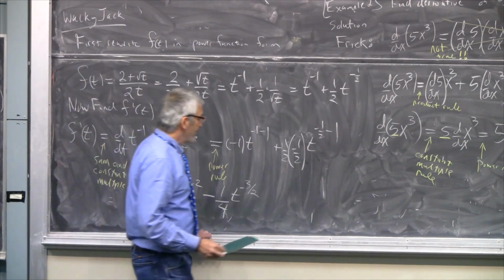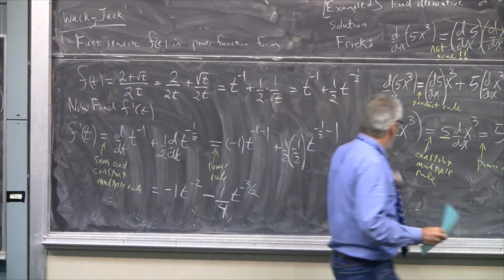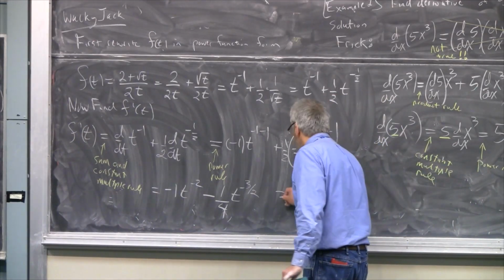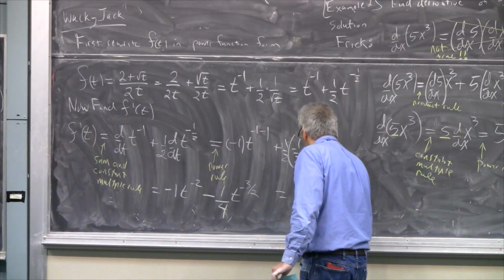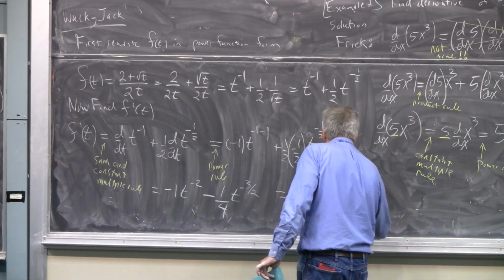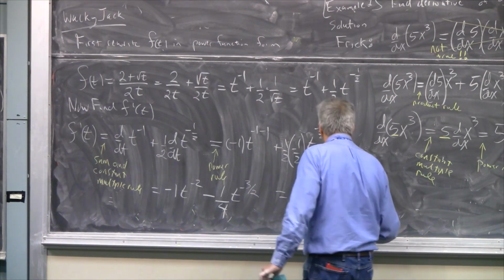But remember, we have to simplify. We can't leave things with negative exponents. So Wacky Jack goes on and does this: minus 1 over t squared minus 1 over 4 t to the 3/2.